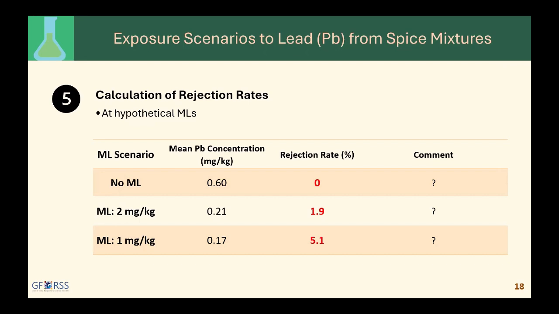For an ML of 2 milligram, we calculated the rejection rates. We have about 2% of the commodities rejected if I enforce an ML of 2. If I am enforcing a lower ML, I will be rejecting more, right? I'm more protective. I will be rejecting more. So the rejection rate went to around 5.1%.